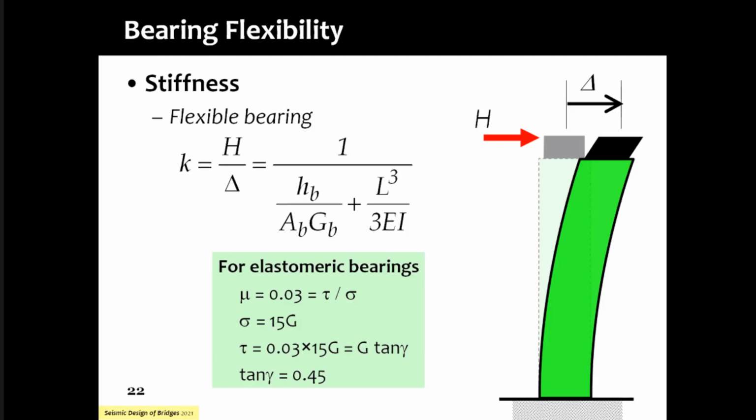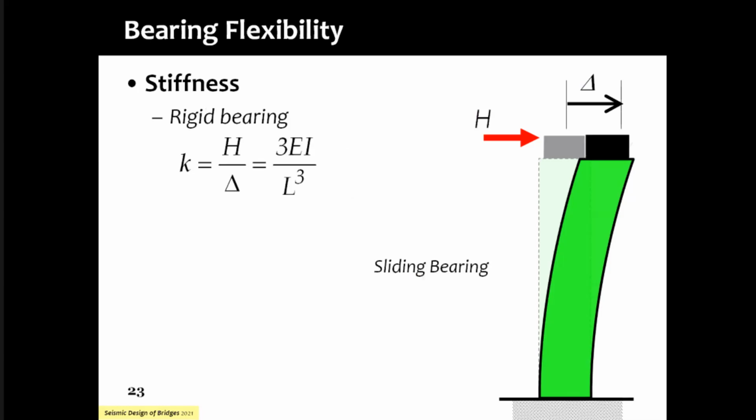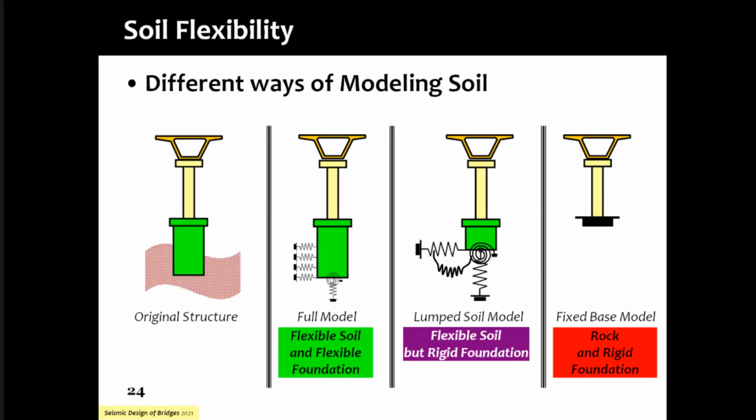And now add salt to injury here. Instead of making it a slender pier, if you make it a squat wall, then it will not even be 3EI by L cube. It will have now that beta factor, and you have to play with the beta factor to get your quantities in place. So this difference has to be accommodated in the whole process.